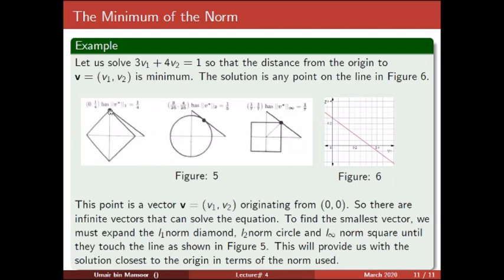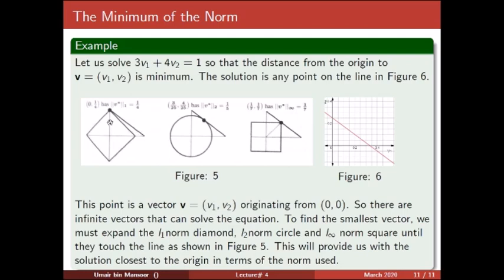So if you see from the origin, this is the smallest point, because from here, let's take this point, this is bigger, this is bigger, more bigger, touching this line.